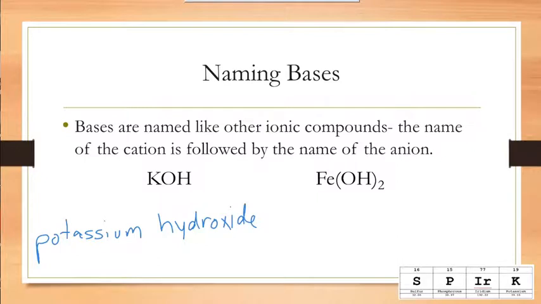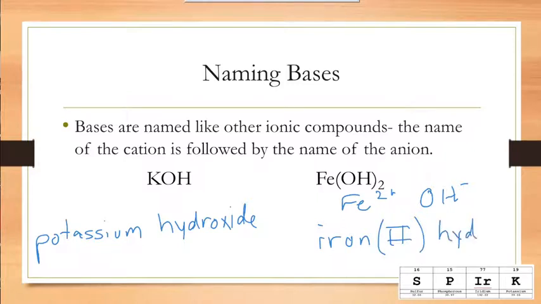If you remember our little trick about uncrossing our charges, we're going to have Fe2 plus and OH minus when we uncrisscross. So when we name that, we have iron, and since iron is a transition metal and has more than one common charge, we need to put our Roman numeral: iron(II) hydroxide.